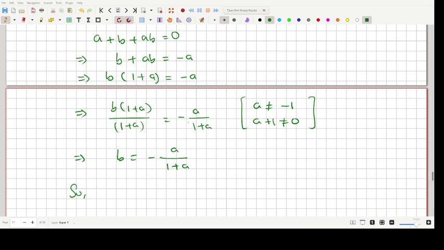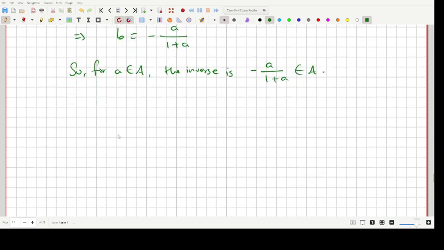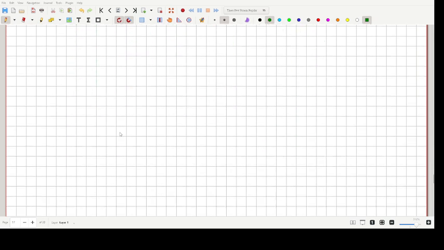So for a belongs to capital A, the inverse is negative a divided by 1 plus a, which of course belongs to capital A. So this shows that these four properties show that the set structure along with the operation is indeed a group.